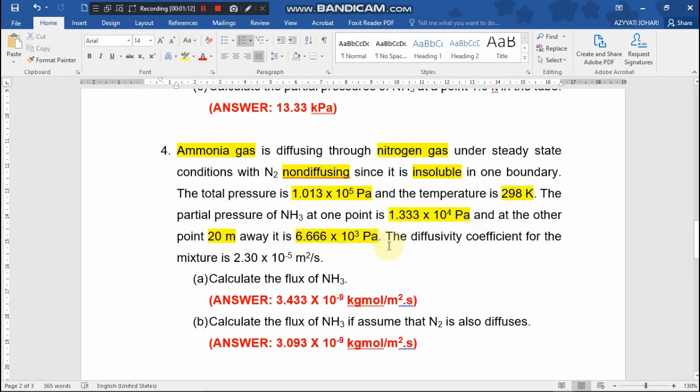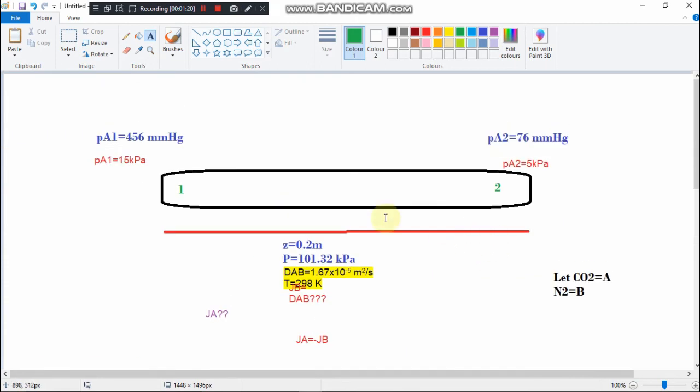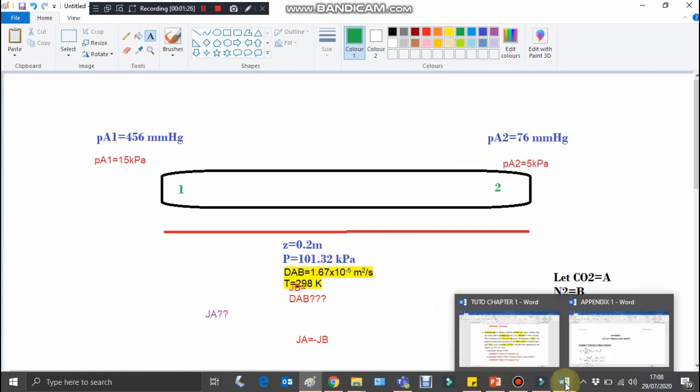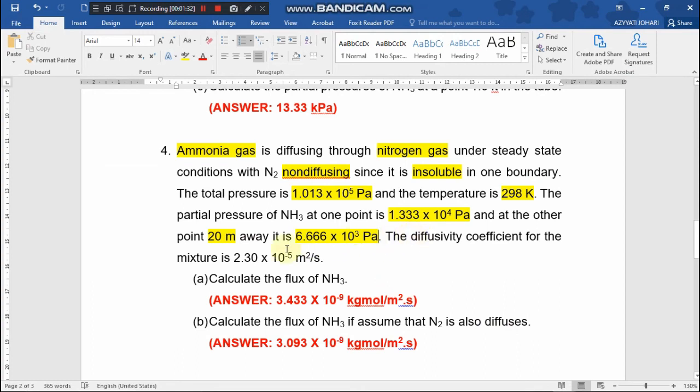If you cannot imagine the location of all of the values, you may draw the illustration like what we have practiced in question number 1 and question number 2 previously. One more piece of information is the diffusivity coefficient.